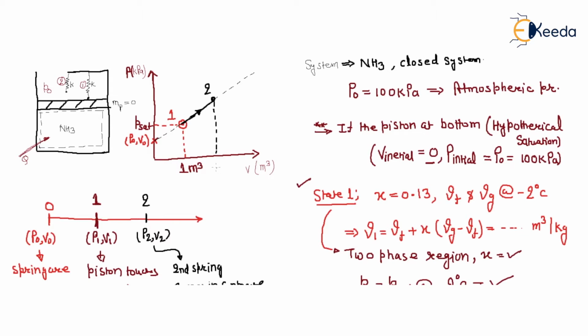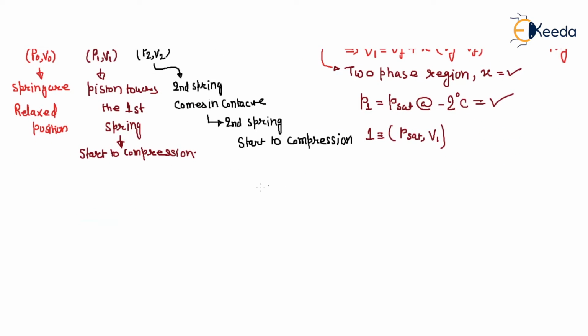So 1 to 2, there is V2 at this point, and there is a pressure P2. So what is the pressure P2 and V2? So the point 2 locus is P2 and V2.